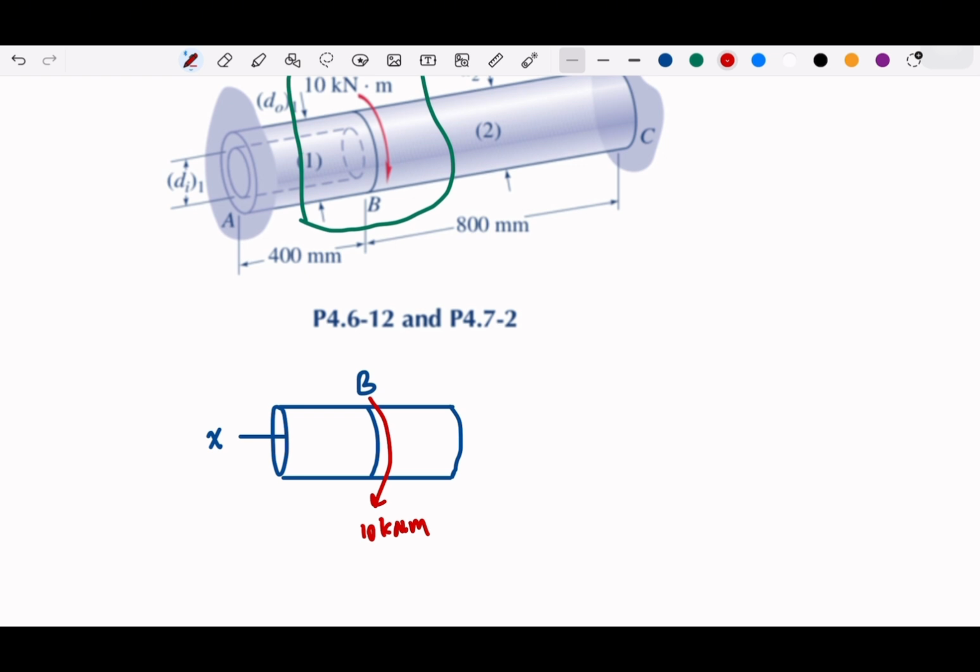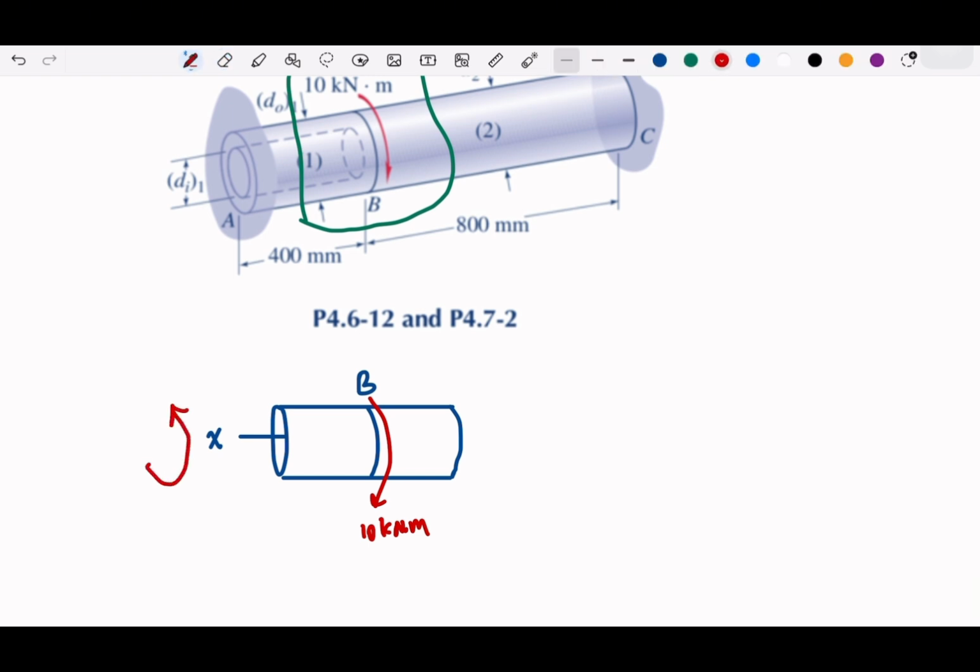It's actually based on your preference. We can have perhaps like this or like that. It's not really that important, because at the end of the day we can compute the torque, and if you get a negative result, it means it's in the opposite direction. So suppose we have this direction here.